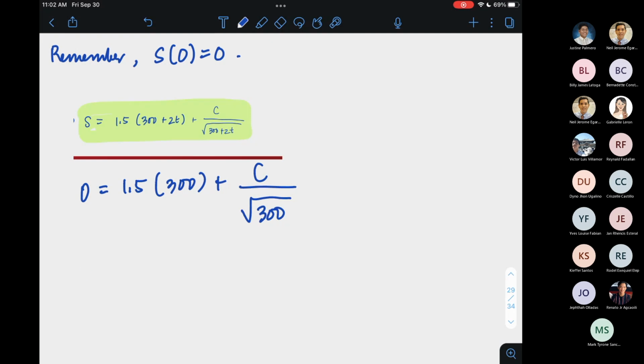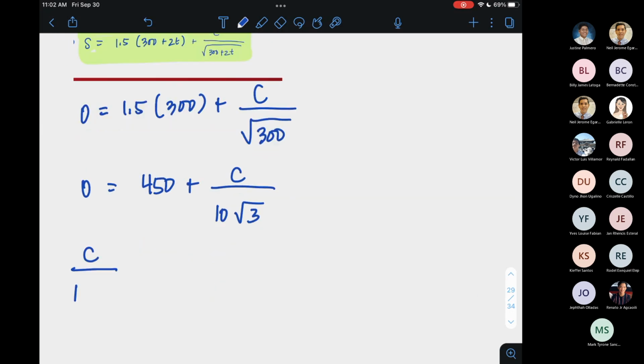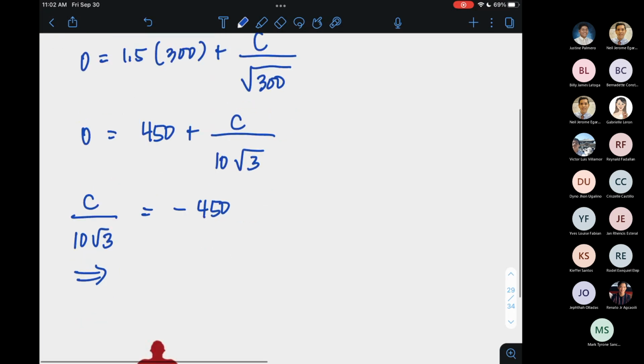So that means we'll have 0 equals what? 450 plus c over 10 square root of 3. Tama ba? Then we'll have c over 10 square root of 3 equals negative 450. That means c equals negative 4,500 square root of 3.